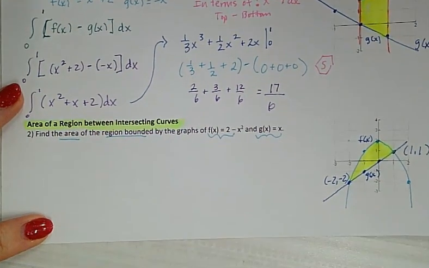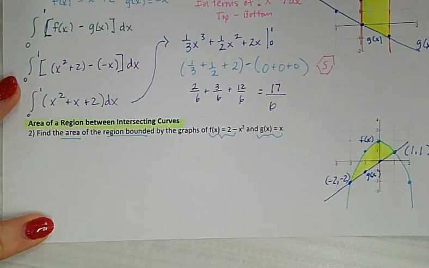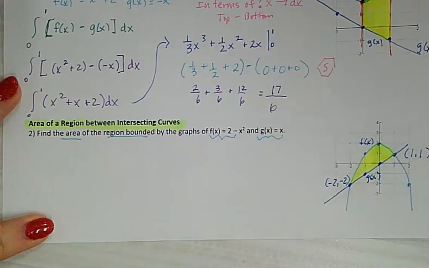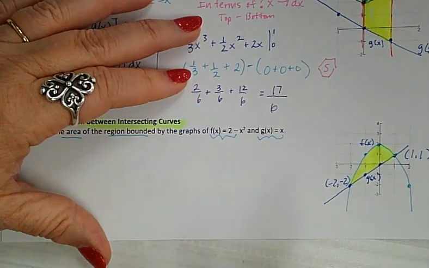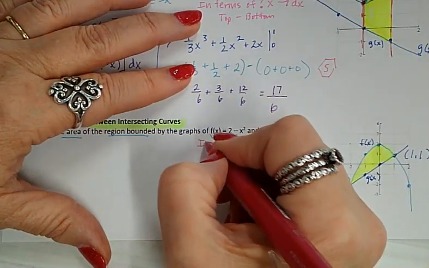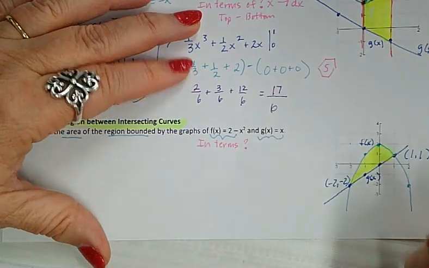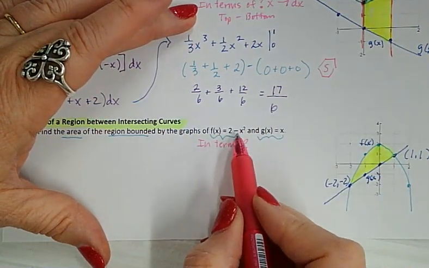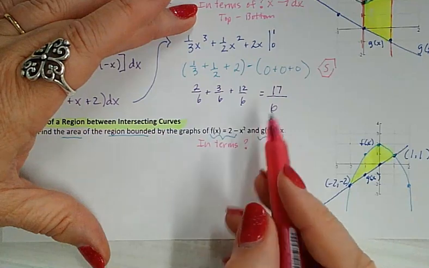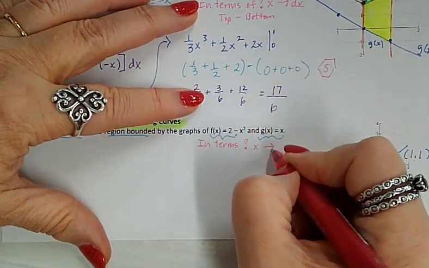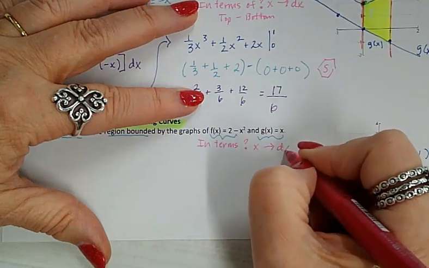So I've gotten the information I need off the graph. I know the area I'm looking for. I know where those intersection boundaries are. I can see this graph is here and this graph is here on the picture. So remember my questions. I'm asking myself, in terms of what? Is this equation y in terms of x or x in terms of y? So it's x in terms of y. And if it's x in terms of y, then it's going to be a dx graph.